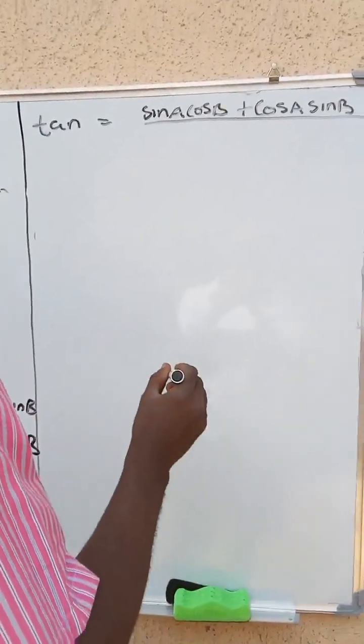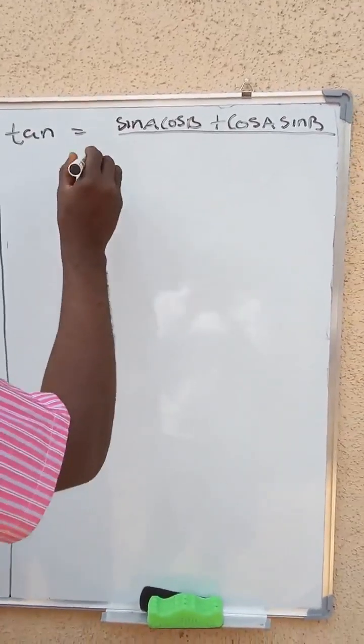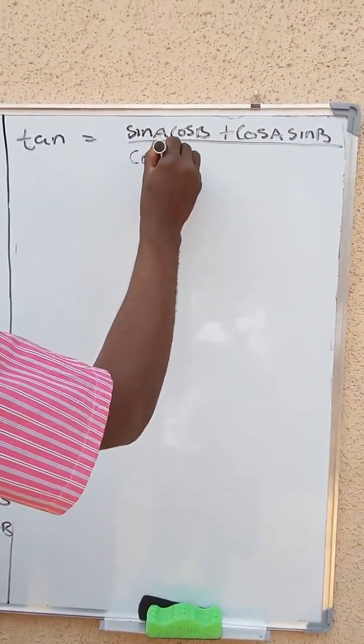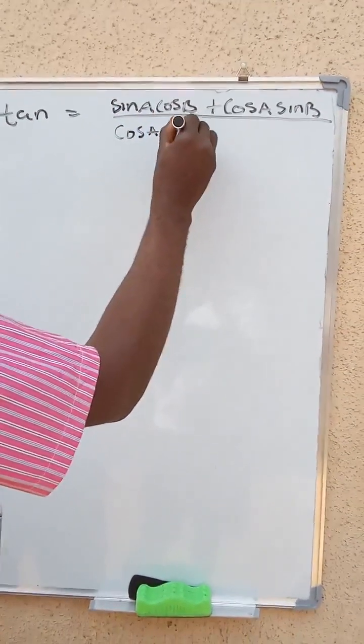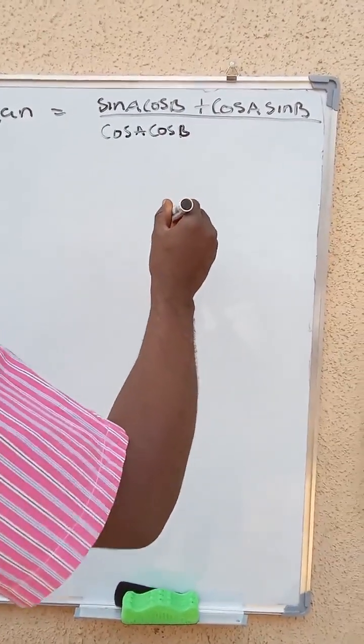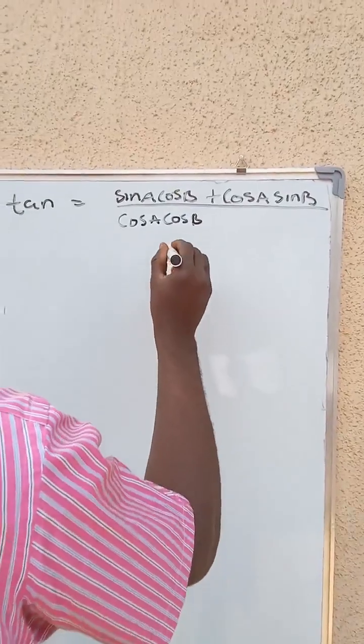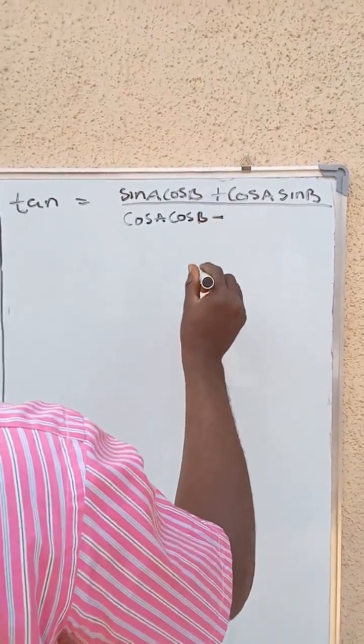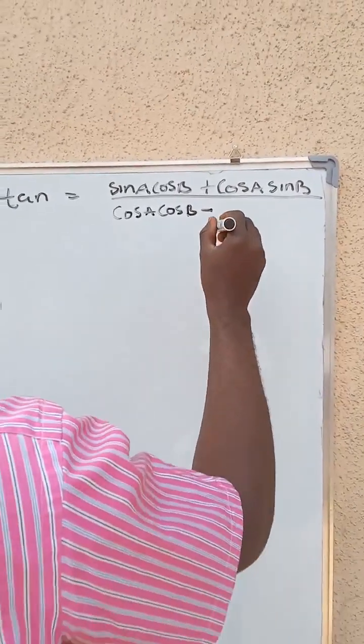Cos A plus B is what? Cos A cos B minus sin A sin B.